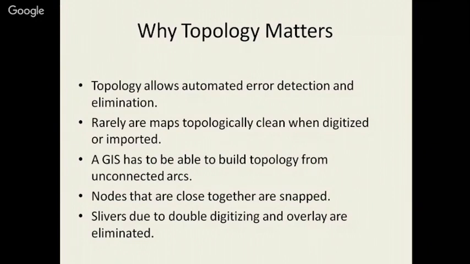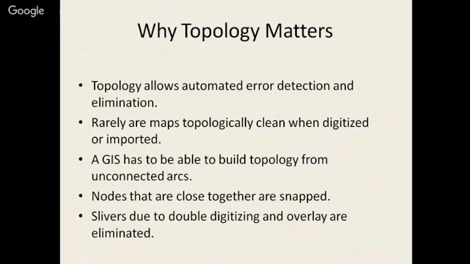Rarely are maps topologically clean when digitized. When we acquire vector data through the digitization process, it is full of errors. So topology helps in the automatic detection and elimination of these errors.